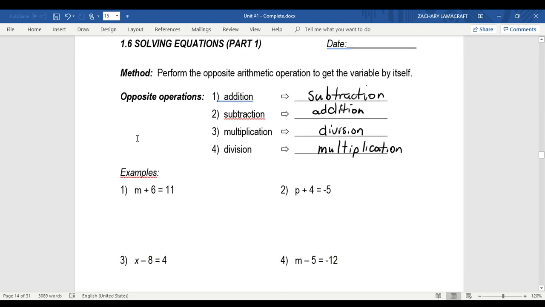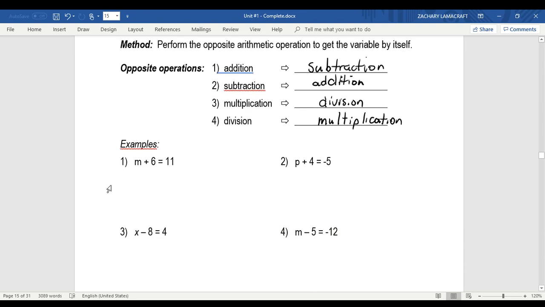Okay, so if we look at some of the examples, our job is to get the variable by itself. So what's the variable in that first example? Yeah, m. So we want m by itself. To get m by itself, we need to get this over to the other side. And when we do that, we have to do the opposite operation. So if we're adding 6, what do we have to do to it? Yep. We've got to subtract it, right?